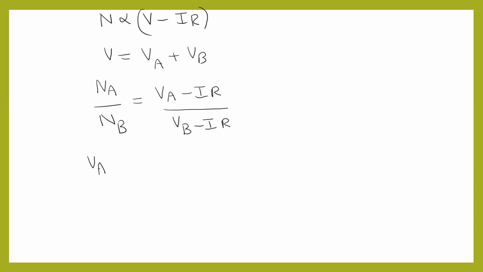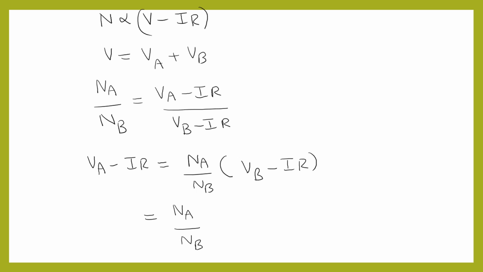So VA minus IR is equal to NA by NB into VB minus IR, that is equal to NA by NB into V minus VA minus IR.